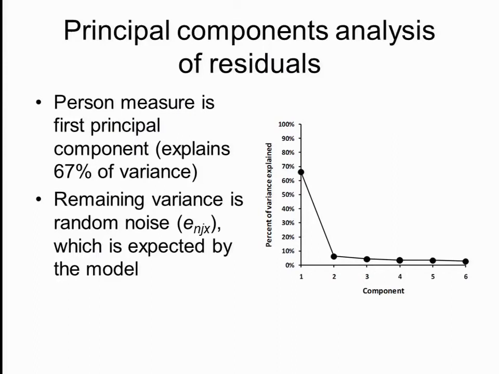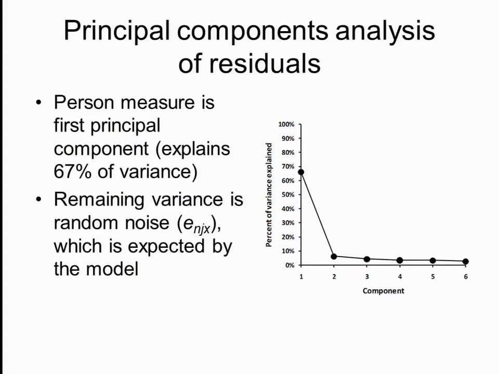Go one step further, we can ask: the assumption is the variance should be the real variance in the distribution due to differences between people, and the rest of the variance should just be random noise. And so when we do a principal component analysis on the residuals, we find, first of all, the person measure itself explains about 67% of the variance in this data set.